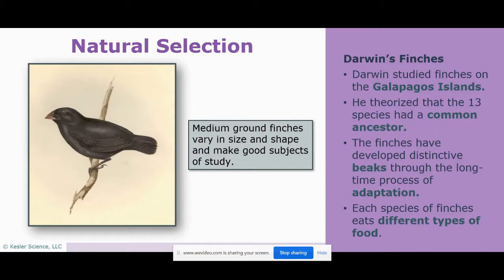This was because of adaptations that helped them with different types of foods available. Some types of islands had seeds, some had more insects available, some had to get their food by pecking the trees. So different types of beaks help them to get the food that was readily available on their island.